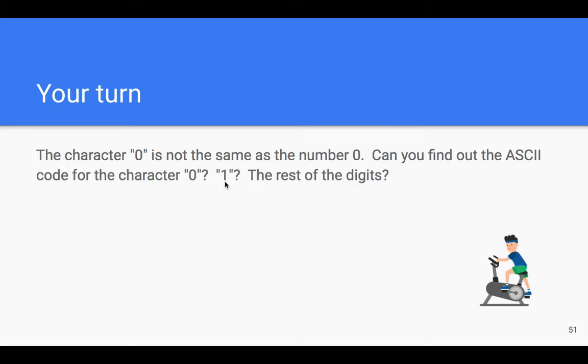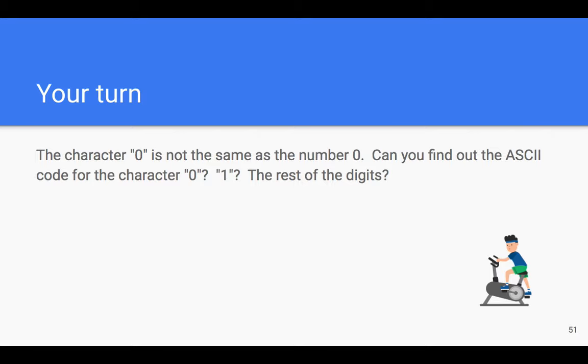Once you do that, try to change it to 1, 2, 3, and 4, and figure out the numbers that all the digits map to. Pause the video and give this a try.